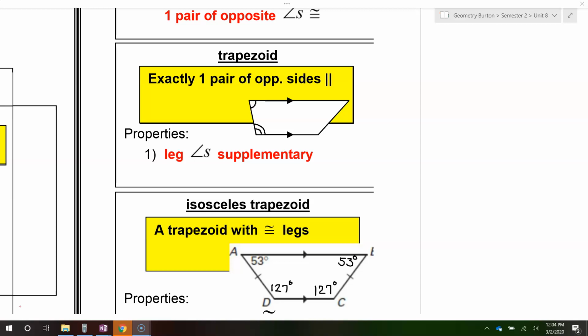So if you see a trapezoid, the 1 pair of sides parallel, look at the non-parallel sides. If they are not congruent, then it's just a regular trapezoid. But if the non-parallel sides are congruent, then it's an isosceles trapezoid.